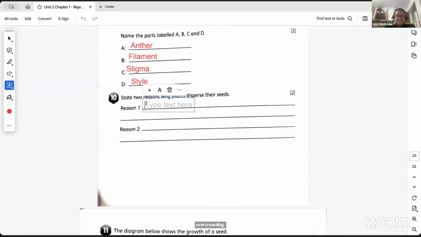So the first reason is to prevent overcrowding, which can lead to competition for nutrients, water, light, and space.